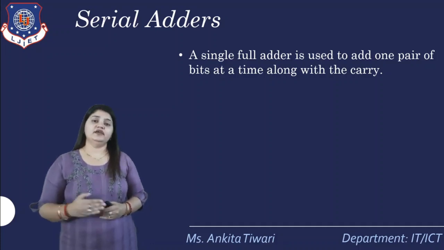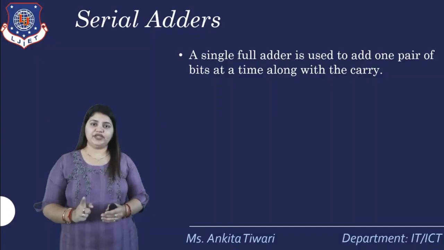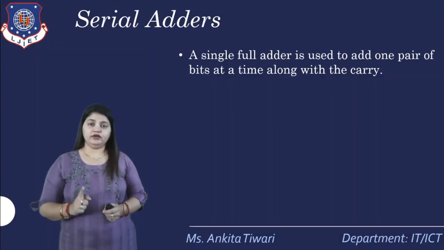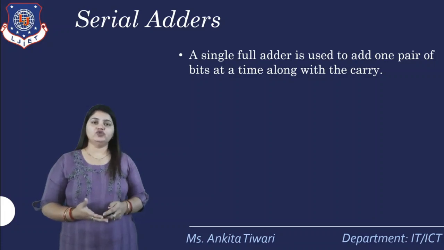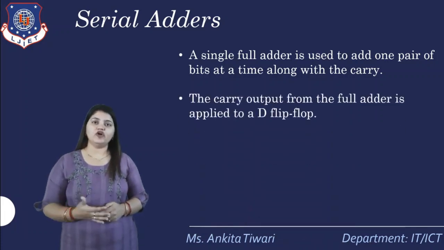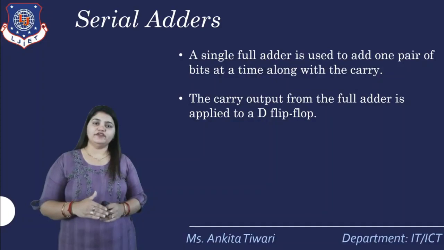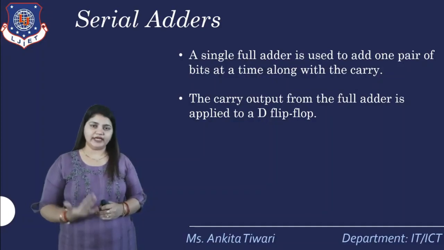In serial addition, the concept of time delay is very much present, because there is a very big time delay, as every value has to wait for the other value to complete. The carry output from the full adder is applied to the flip-flop. Which flip-flop? You can take any. Here we have taken the example of a D flip-flop.